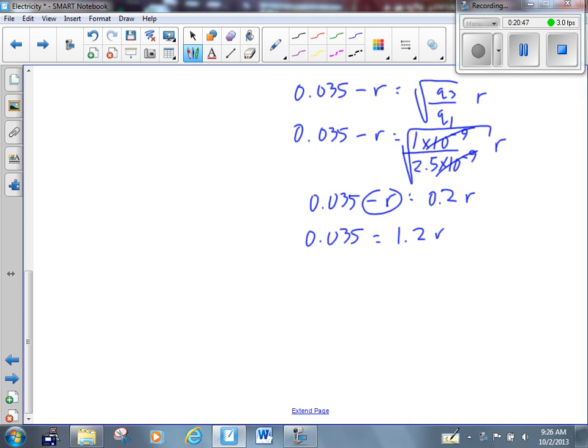If you have 0.2 of an apple and you add an apple to it, you have 1.2 apples. If you have 0.2 of an r and you take an r over by adding, then you have 1.2r. So r becomes equal to 0.035 over 1.2, which is what? 0.029? Okay. 0.029 meters.